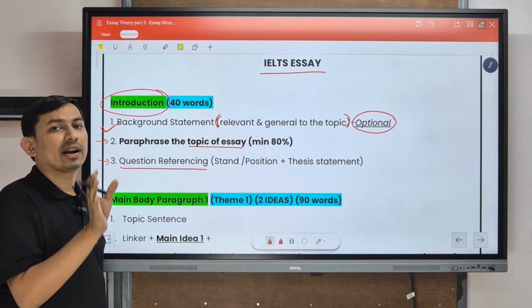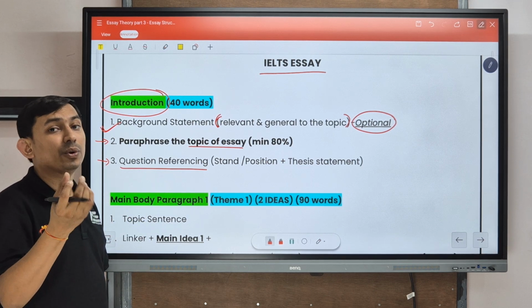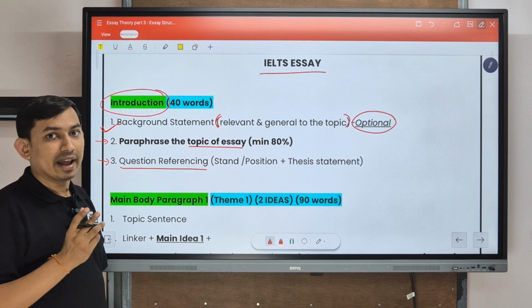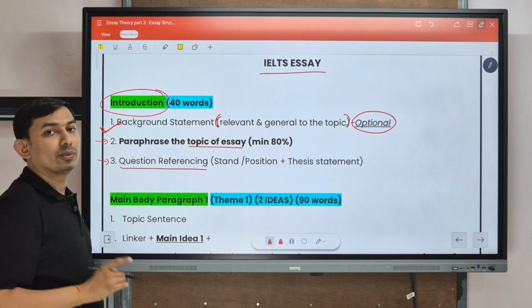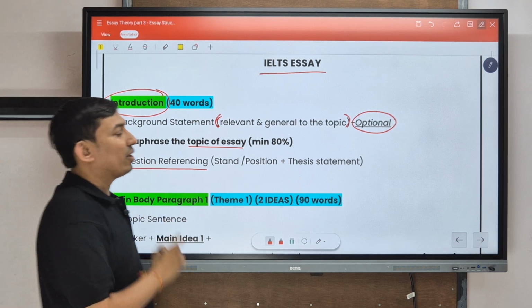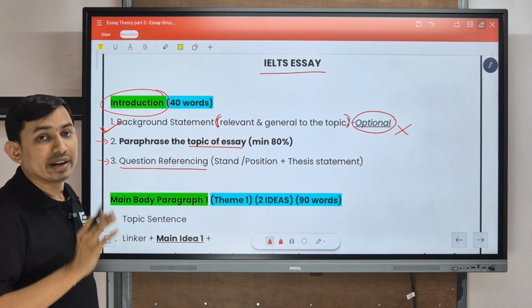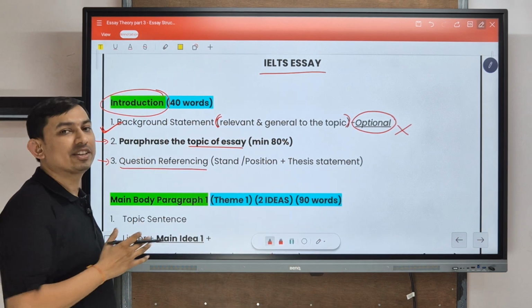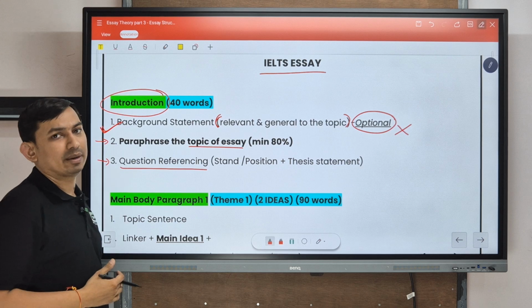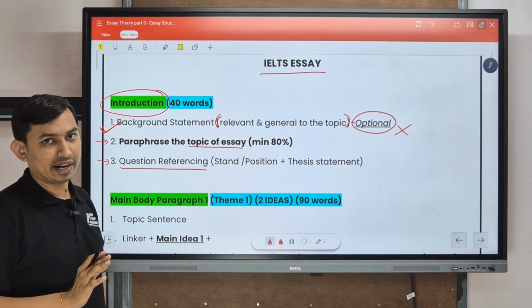If you have sufficient background knowledge, then only you can write a background statement. Clear? But it is optional and I suggest that you should not write it, because for different types of essay you have to brainstorm different types of background statement and it is not an easy task, right?